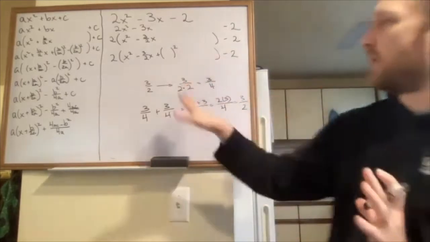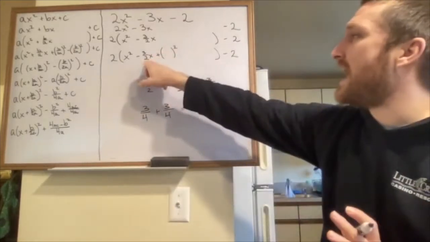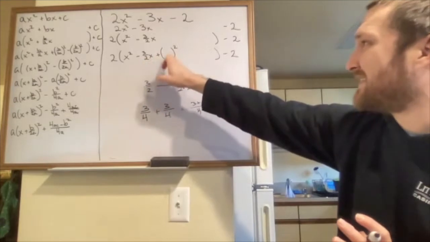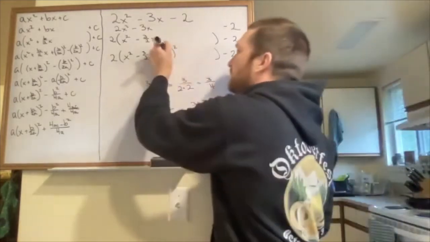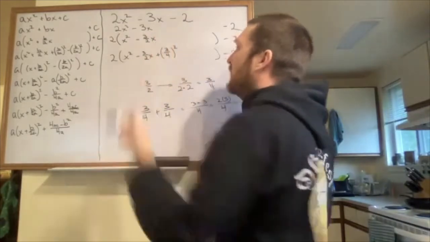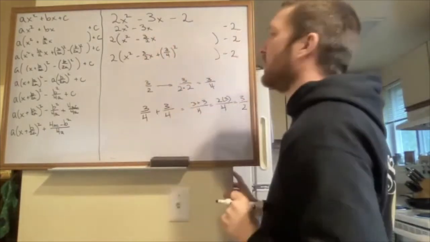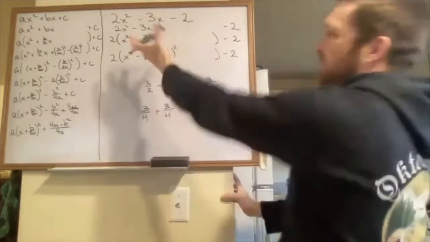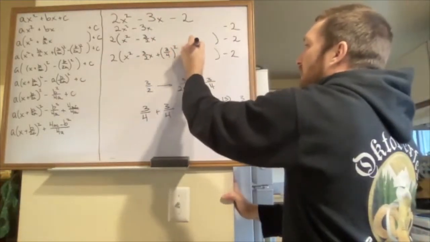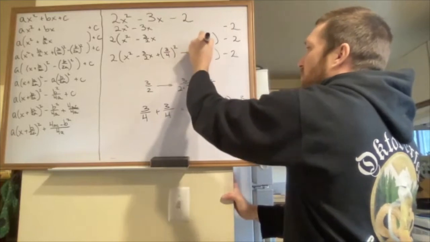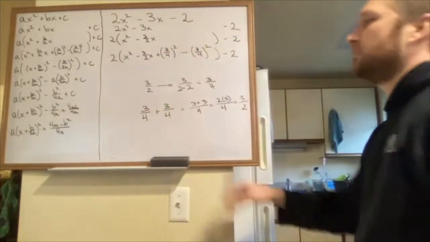Yeah, that's the whole point. That's why we're taking half in the first place, in order to make this a perfect square. So we take half of that, which is 3/4, and we square it. To be a perfect square. But that will change the overall number, so we have to minus off 3/4 squared as well.